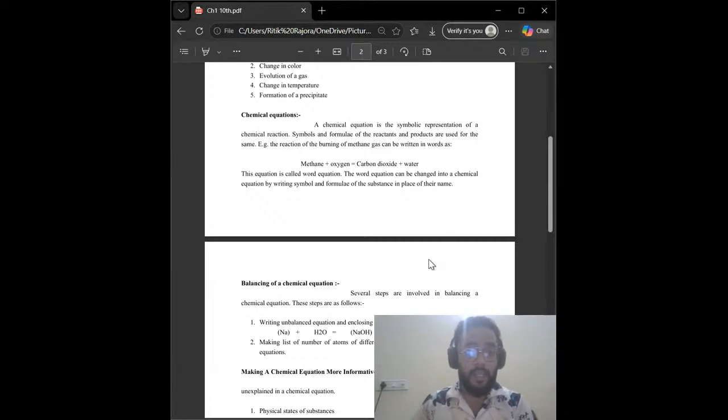The word equation can be changed into a chemical equation by writing the symbols and formulas of the substances in place of their names. I already told you the chemical formulas of these atoms and molecules, like CH4 plus O2 gives CO2 plus H2O.